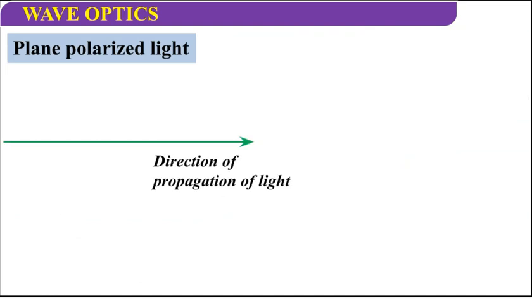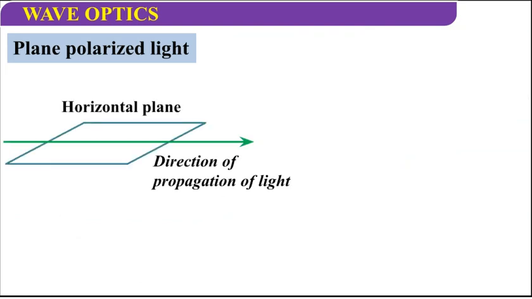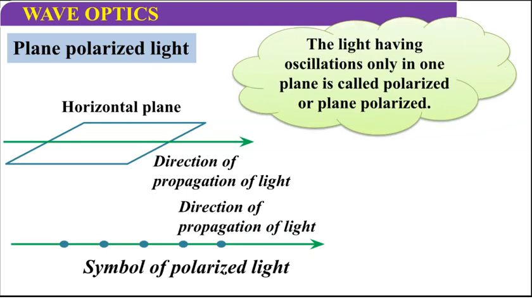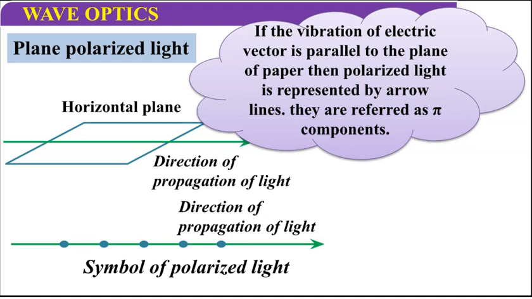The light having oscillations only in one direction or one plane is called polarized or plane polarized. If the vibrations of the electric vector are parallel to the plane of the paper, then polarized light is represented by arrow lines. They are referred to as the pi component.